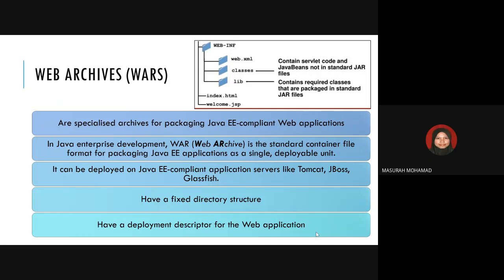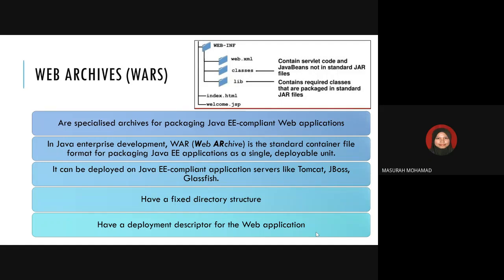WAR files can be deployed on Java EE compliant application servers such as Tomcat, JBoss, and GlassFish. WARs have a fixed directory structure, as you can see in the given figure, and have a deployment descriptor for the web application as well.